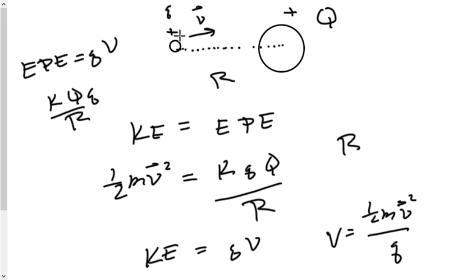So it'd be 1/2 mv squared of this divided by the charge of that particle, and that would be the stopping potential. And where would that occur? It will occur at the closest distance that these two can get towards each other.